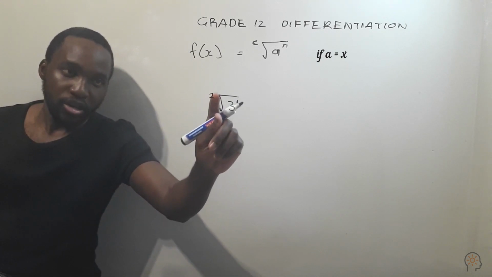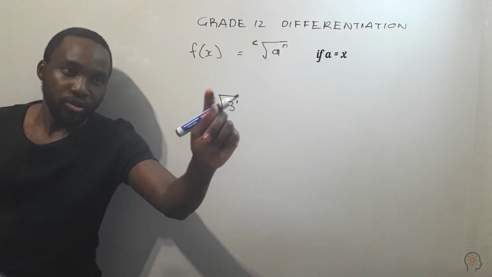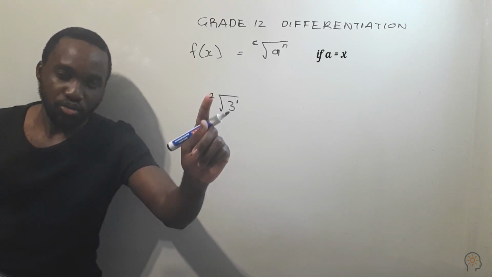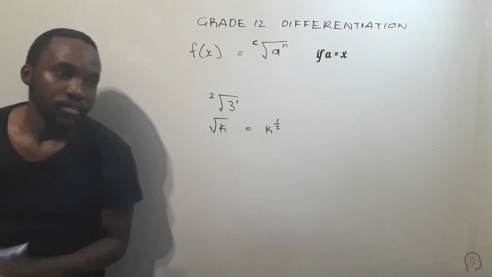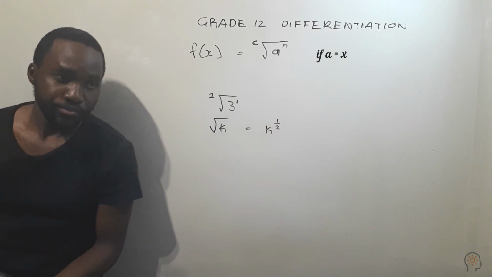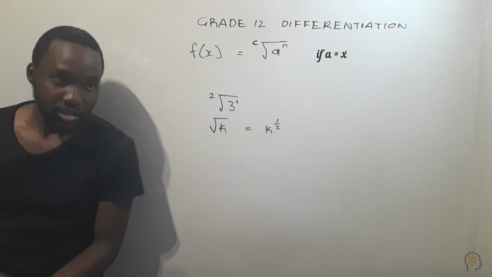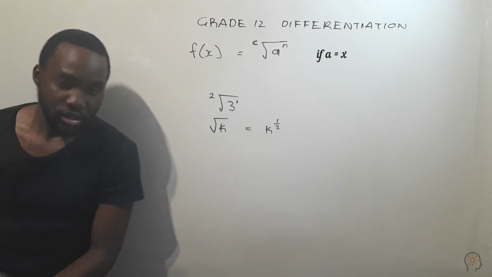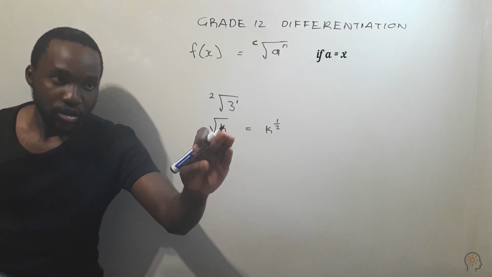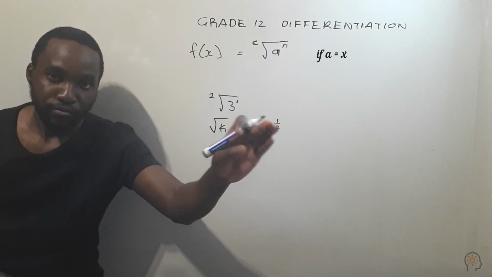When there's no value written where c is, we know that the value there is just a 2. Hence why there's a law that says anything to the power of a half is the same as anything under square root, or rather anything under square root is the same as the value in that square root to the power of a half.